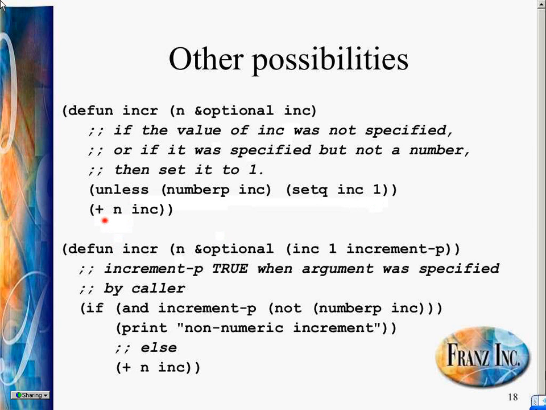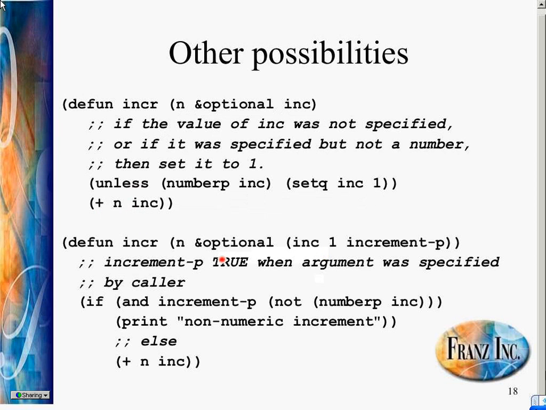And then we call it and add the first required argument to the optional argument, the optional argument having the value 1. In the second case, we're giving it the optional value 1, and we're also using a symbol here that indicates that the optional argument was supplied.